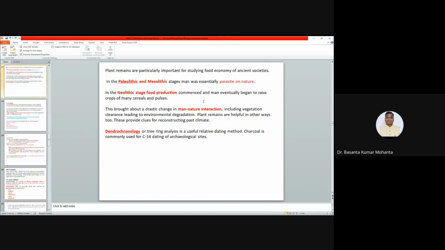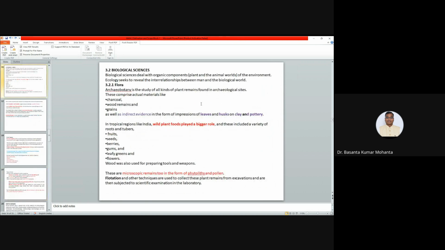So, these particular materials or plant products, or the microscopic remains of different plants or flora, including pollen, help us to understand their subsistence, their type of food, their environment, their ecology, and their dependency on their surrounding environment and nature.